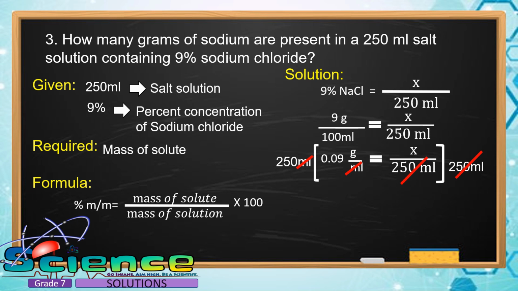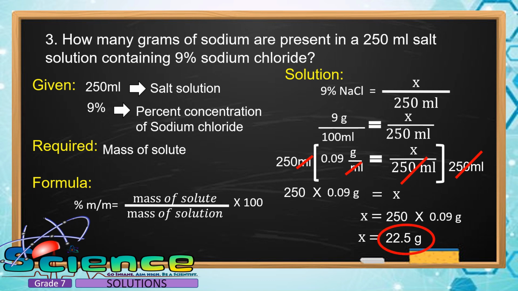Then we can now write this as 250 times 0.09 gram is equal to X, or X is equal to 250 times 0.09 grams. And our final answer will be X is equal to 22.5 grams.